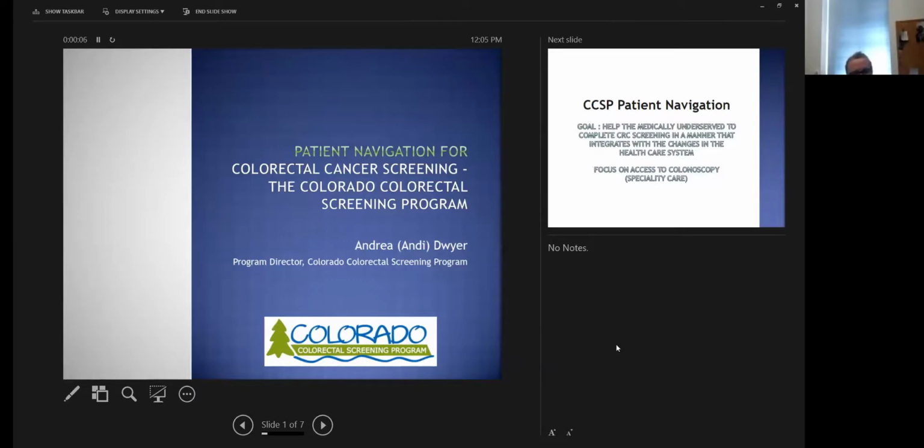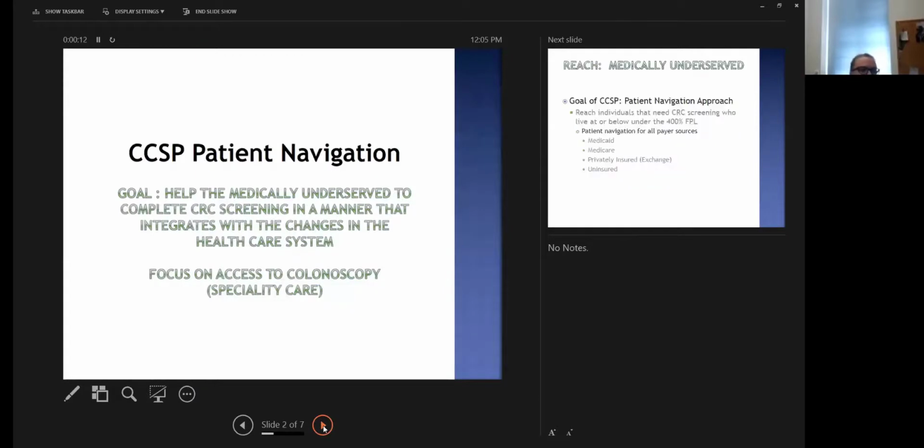As many of you who've been involved from the primary care side know, the real goal of the CCSP program is to ensure that the medically underserved have access to colorectal cancer screening in a manner that integrates the changes in the healthcare system from a primary care standpoint, as well as thinking about access to colonoscopy and specialty care.